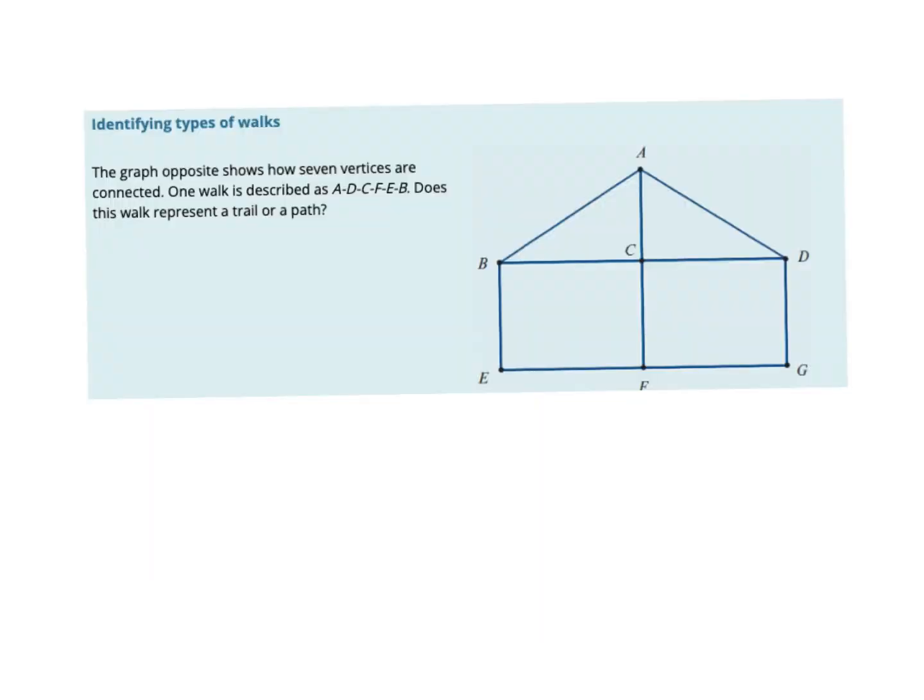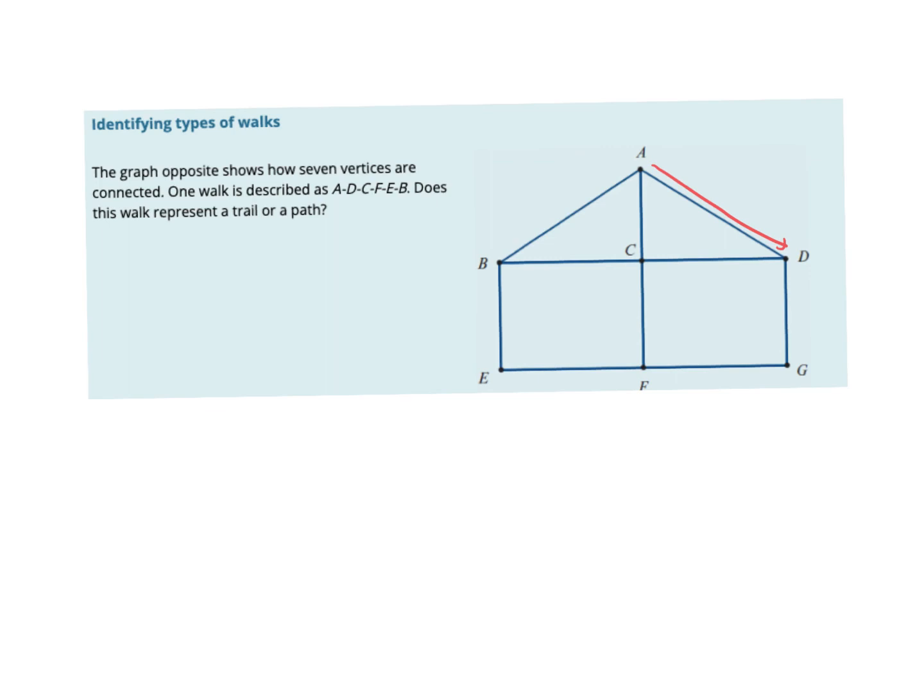So the graph opposite shows how 7 vertices are connected. One walk is described as this. So off we go. If we drew out this walk, because remember I said everything is generally a walk, because that covers everything.